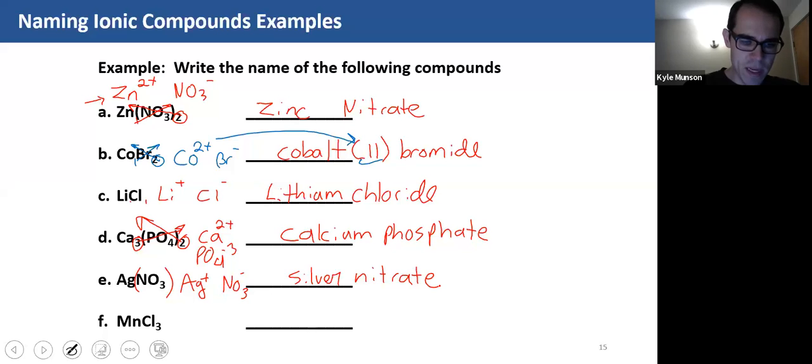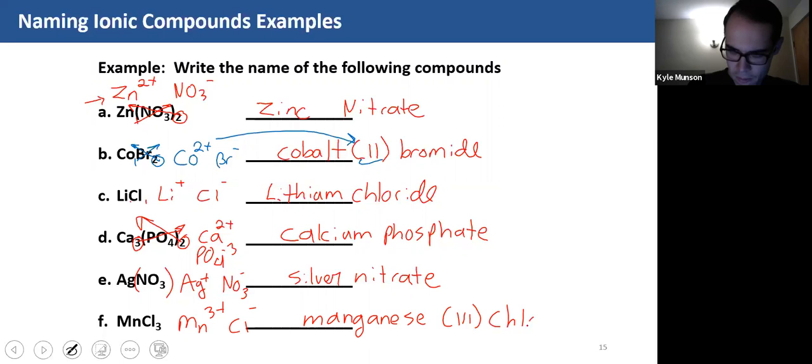Okay, last but not least, this guy is going to be here. Okay, this is going to be manganese (3) chloride.